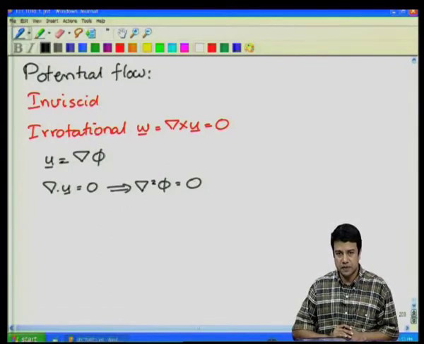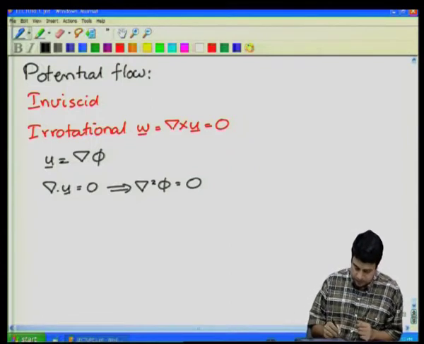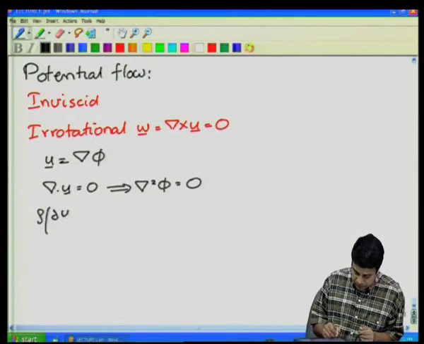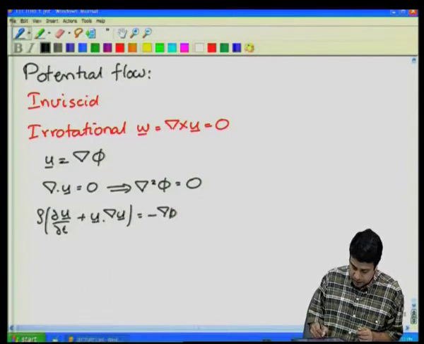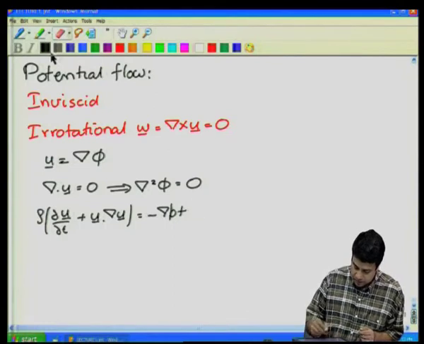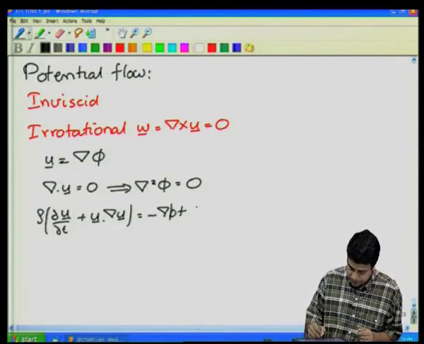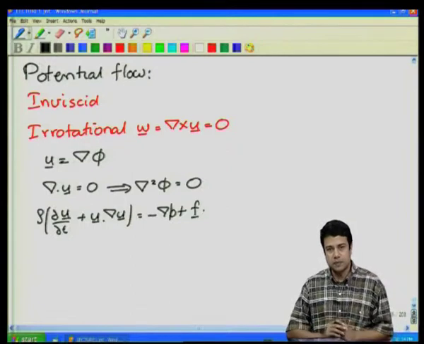The momentum conservation equation, in the absence of viscosity, minus grad p plus mu, the viscosity, is equal to 0. So, there can at most be a pressure force, a pressure plus a body force.